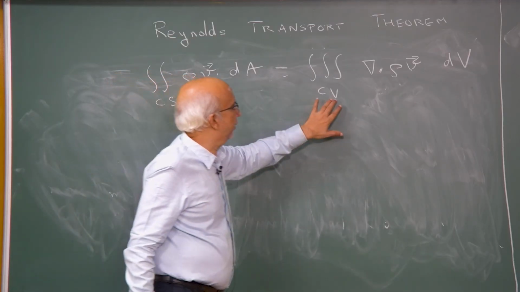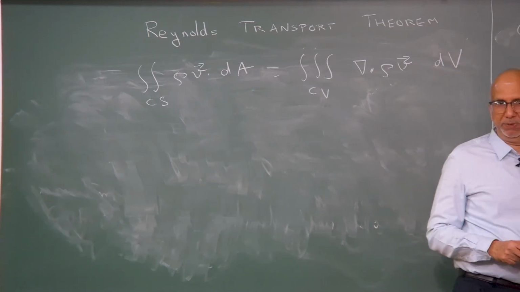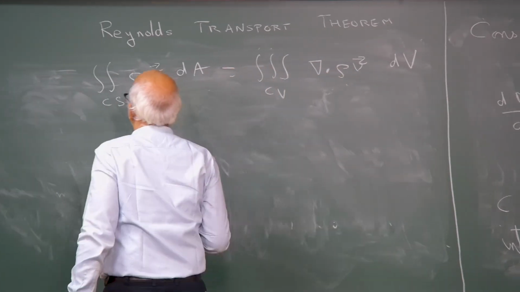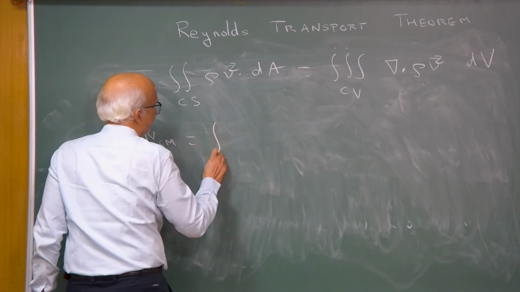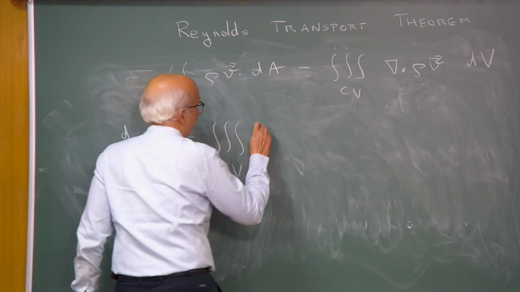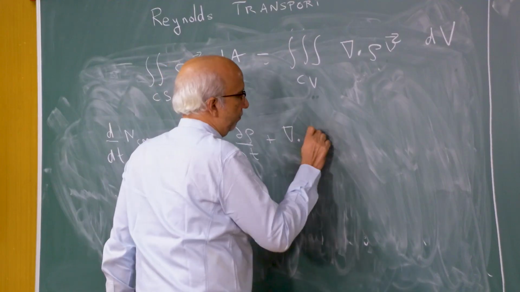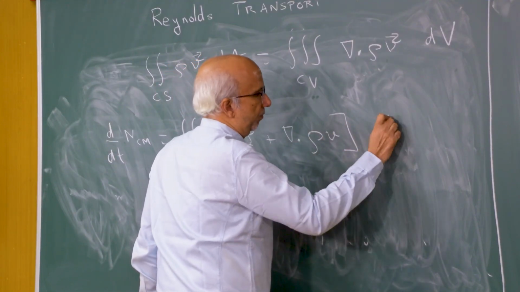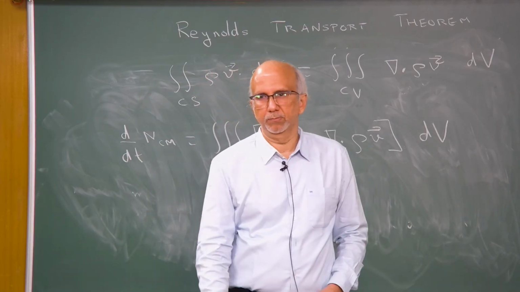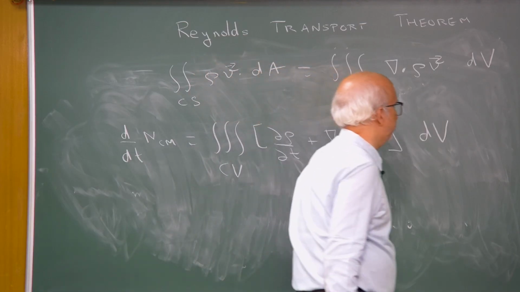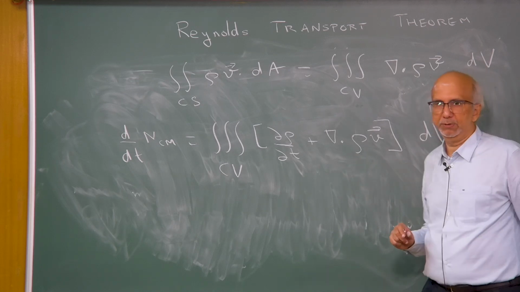So, now this is also a volume integral, this is also a volume integral, I can combine the two volume integrals because they are over the same volume, the control volume, and I get d/dt of N_CM equals the integral of d rho by dt plus divergence of rho v dV.